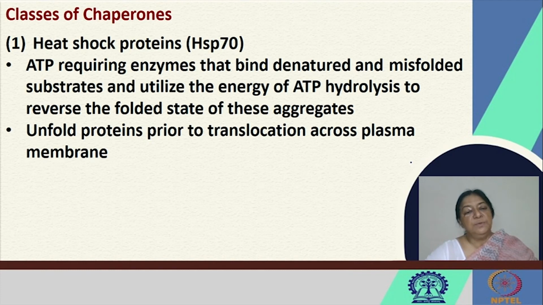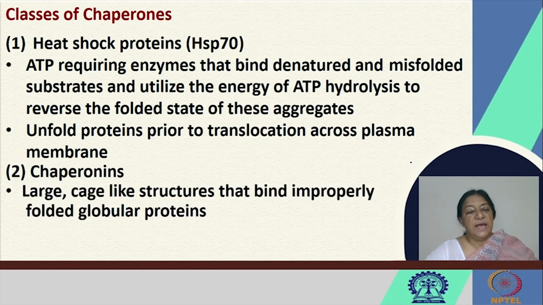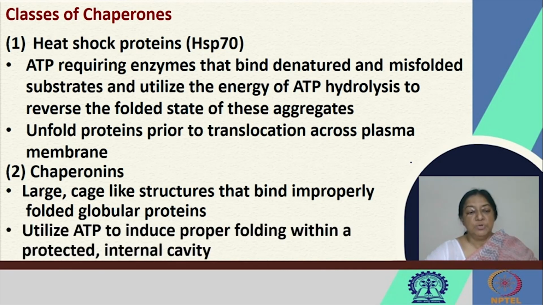So the unfolded proteins prior to translocation across the plasma membrane are therefore arrested. The chaperonins, on the other hand, are large cage-like structures that can bind improperly folded globular proteins. They also utilize ATP to induce proper folding within a protected internal cavity where the conditions are conducive for proper protein folding.